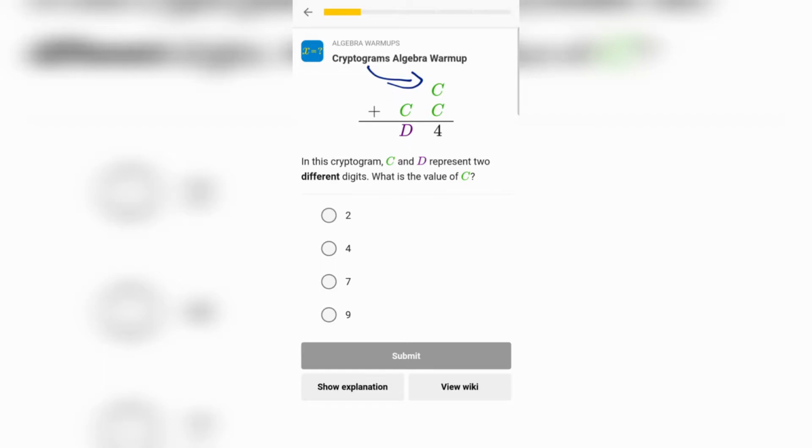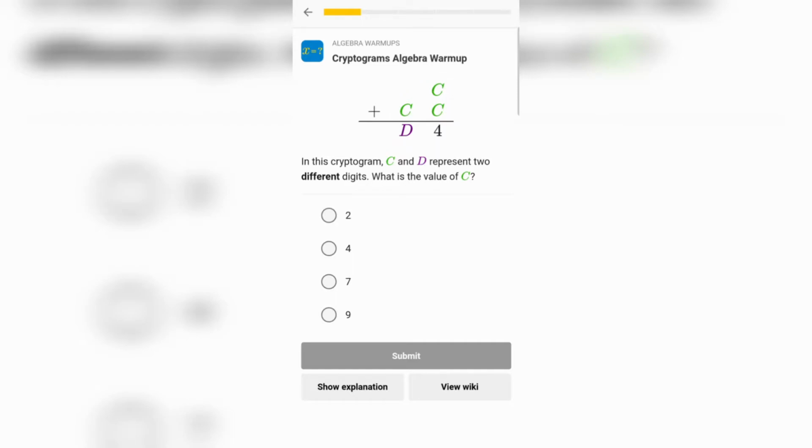Now in this case, C would be represented by one digit and D would be represented by another digit. So what combination for C plus CC would give us D4?